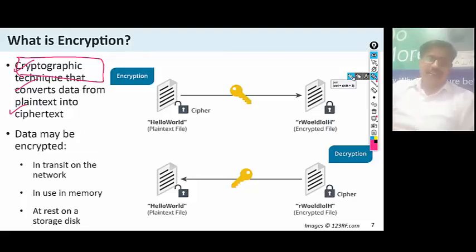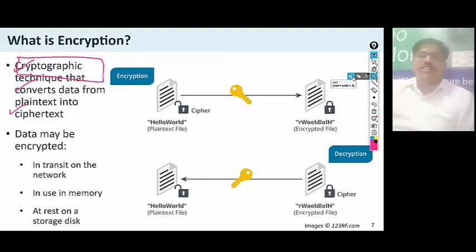The person who has the hard disk will connect it to another laptop or desktop as external media and can read the data if it is stored in plain text. So whenever you store the data, it must be encrypted, not in plain text.